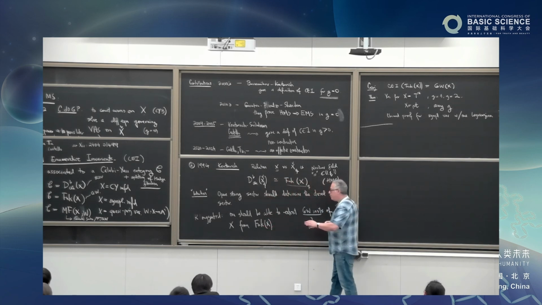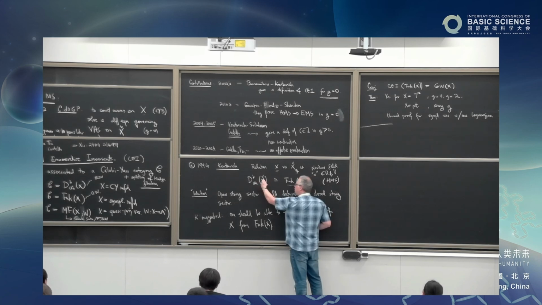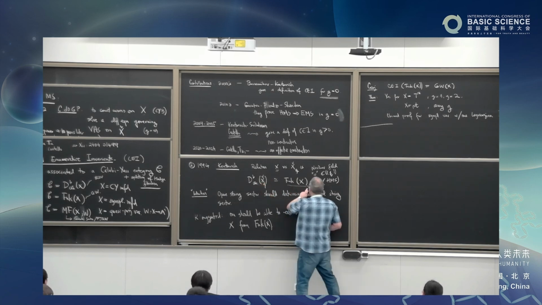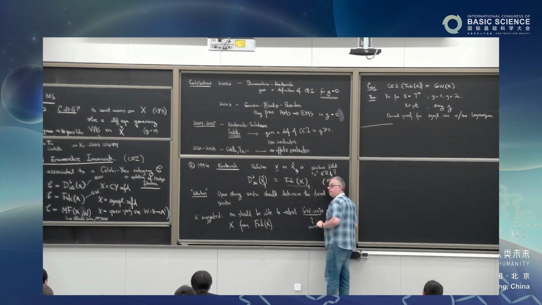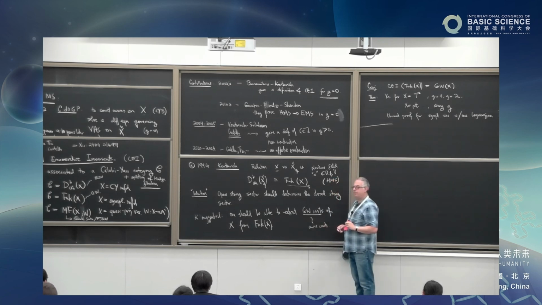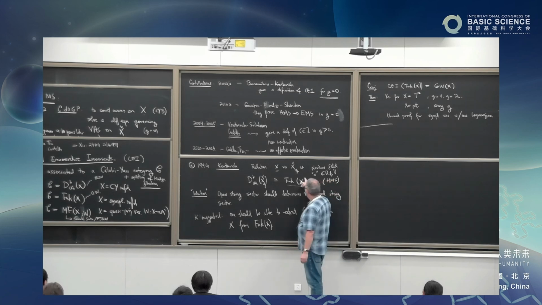So you've got a family of complex manifolds, and I look at all their derived categories, and here we have a family of Fukaya categories. Now, it turns out that this family of categories comes with a God-given splitting. So this has a natural splitting.